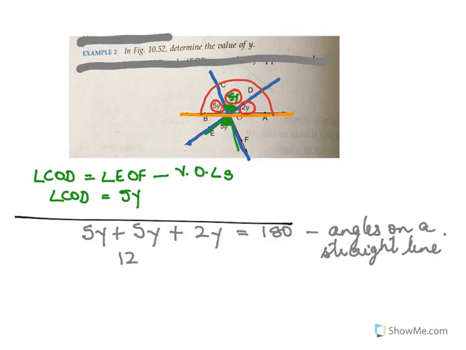And that is 12y equals 180, y equals 180 over 12, and y equals 15.